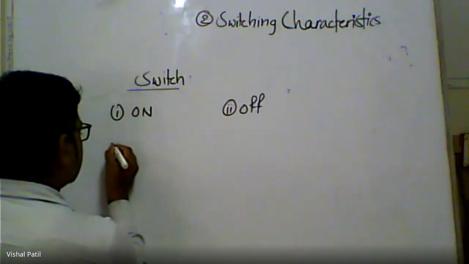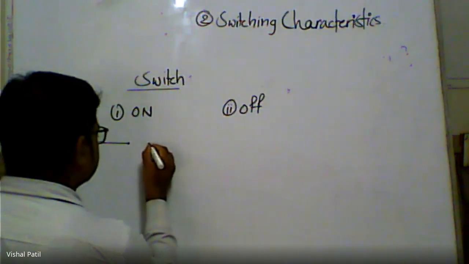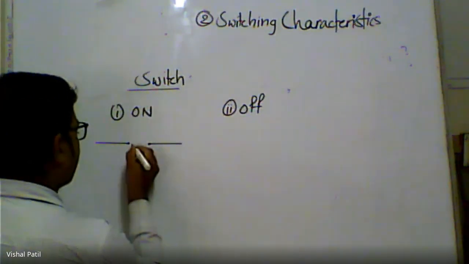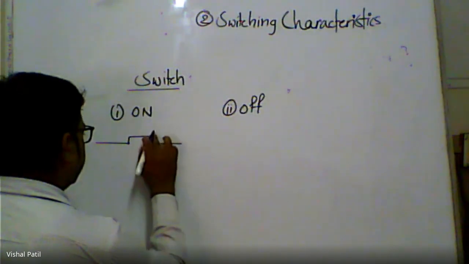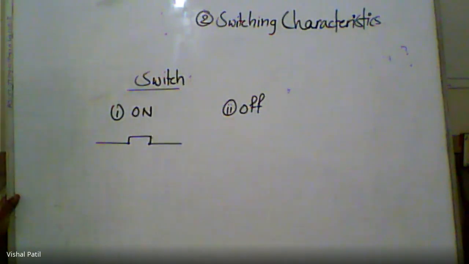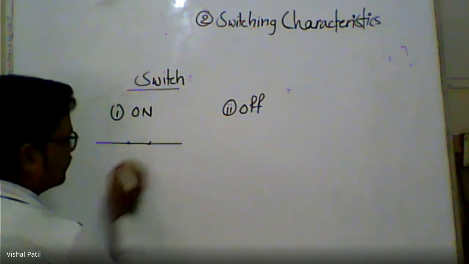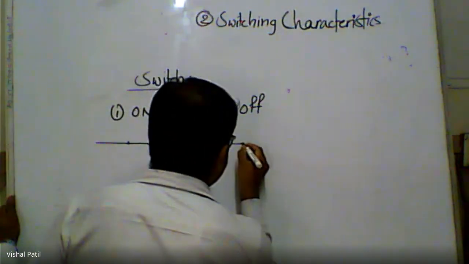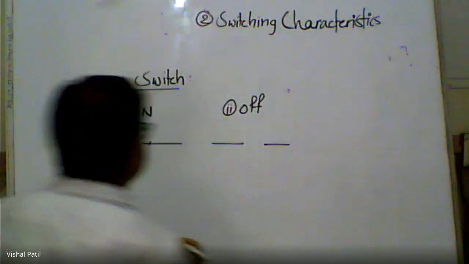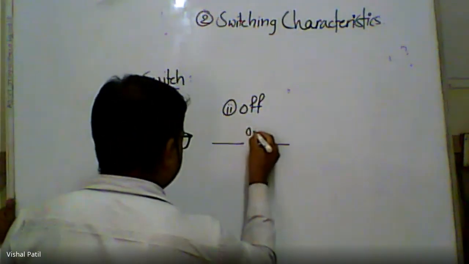Suppose we represent a simple switch like this, and when we say it is on, we have the two terminals of the switch short circuited. And when it is off, we represent it as open circuit. So it is short circuit and it is open circuit.